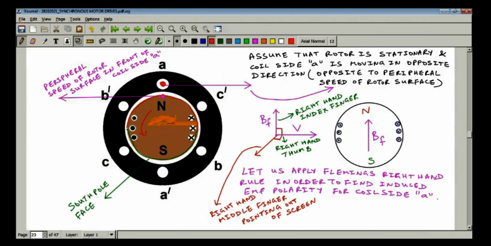And this thing is your north pole face. You can plot the lines of flux if you wish.